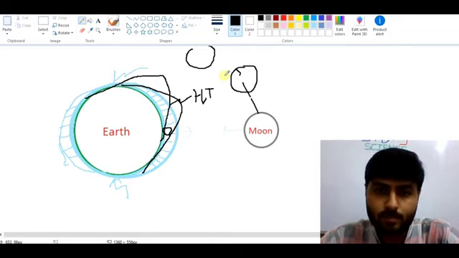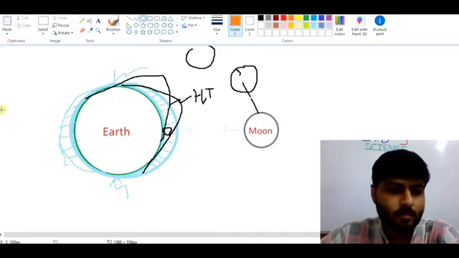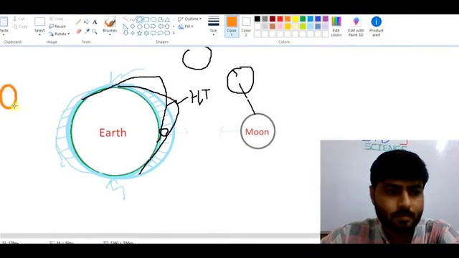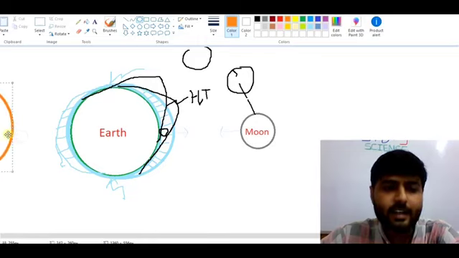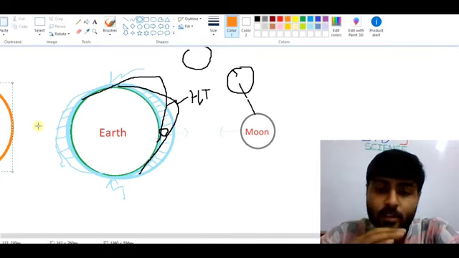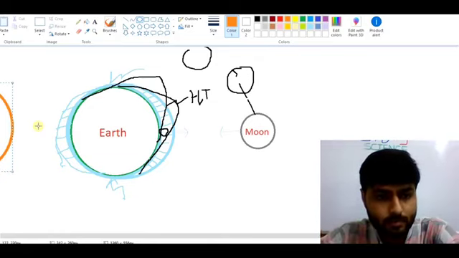So what does sun do? Let's say here we have sun. It is comparatively larger and it is far from moon, but we have drawn it here. This sun tries to diminish or enlarge the effect of moon's gravitational force.